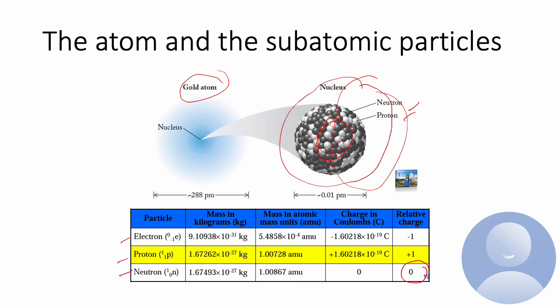The balance of protons and electrons, rather, determines the atom's overall charge. When protons and electrons are equal, the atom is neutral. Changes in this balance lead to ions with a positive or negative charge.